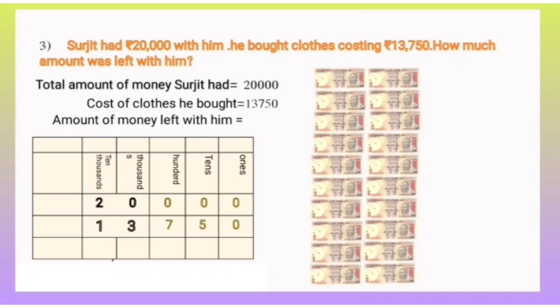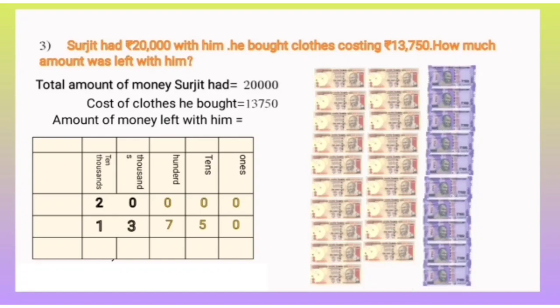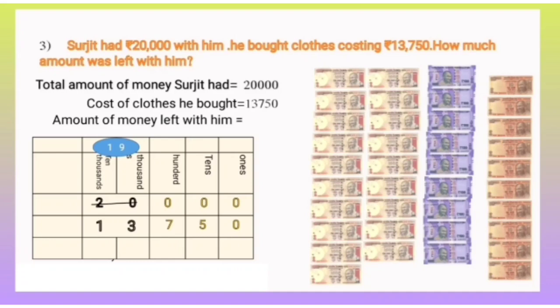Now since 1,000 is equal to 10 hundreds, so instead of 1,000 rupee note, we'll take 10 hundred notes and 19 thousands will remain. Since 100 is equal to 10 tens, so we'll take 10 rupee notes instead of 100 and 9 hundreds will remain.